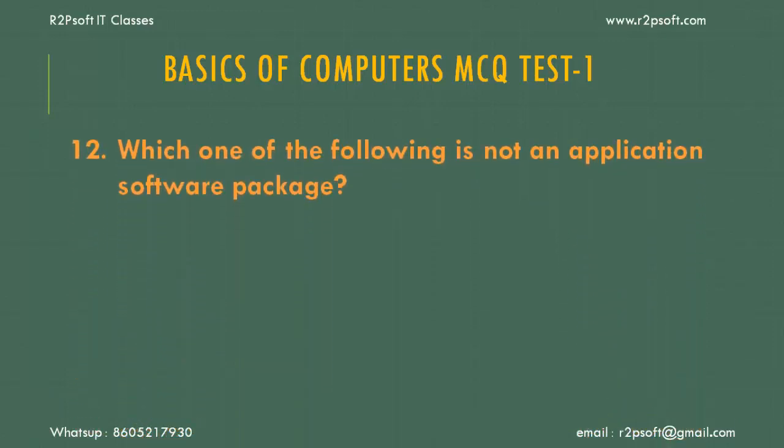12. Which one of the following is not an application software package? A. Red Hat Linux, B. Microsoft Office, C. Adobe PageMaker, D. OpenOffice, E. None of these.